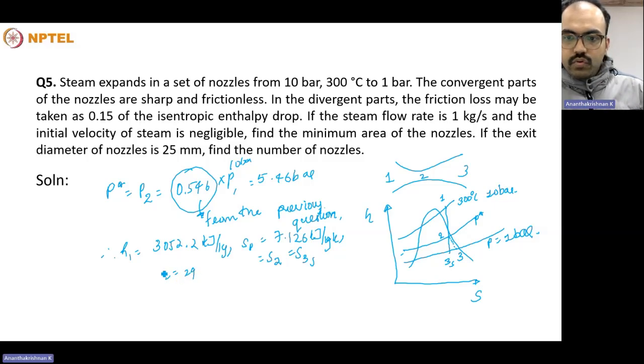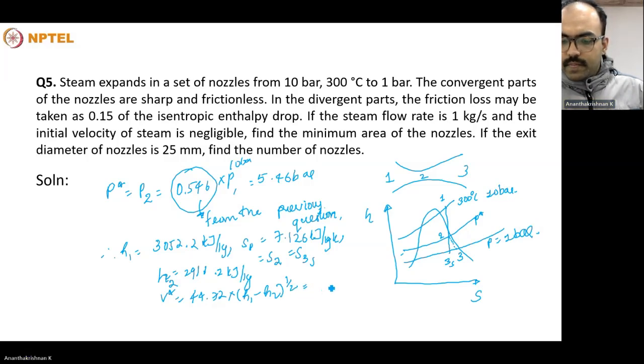H2 is equal to 2916.2 kilojoule per kilogram. V star is equal to 44.72 into H1 minus H2, the whole power 1 by 2. That will be equal to 521.52 meter per second.